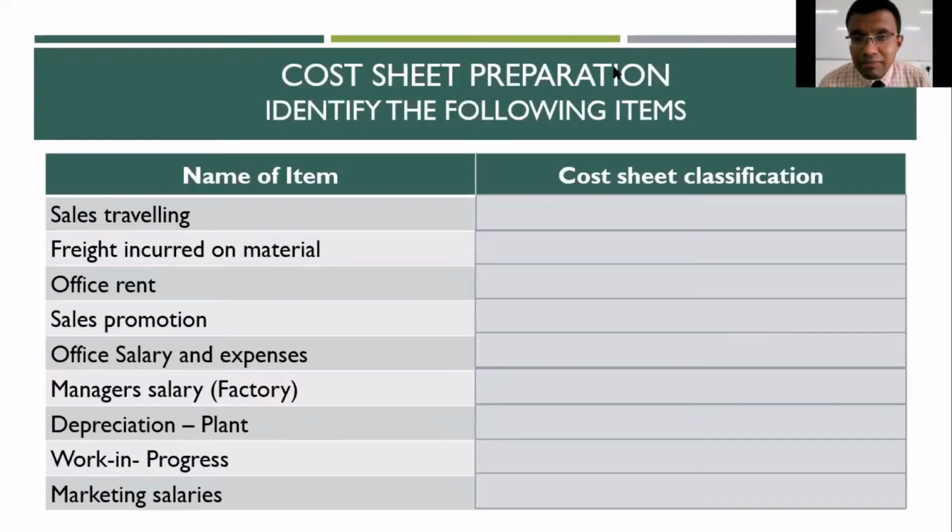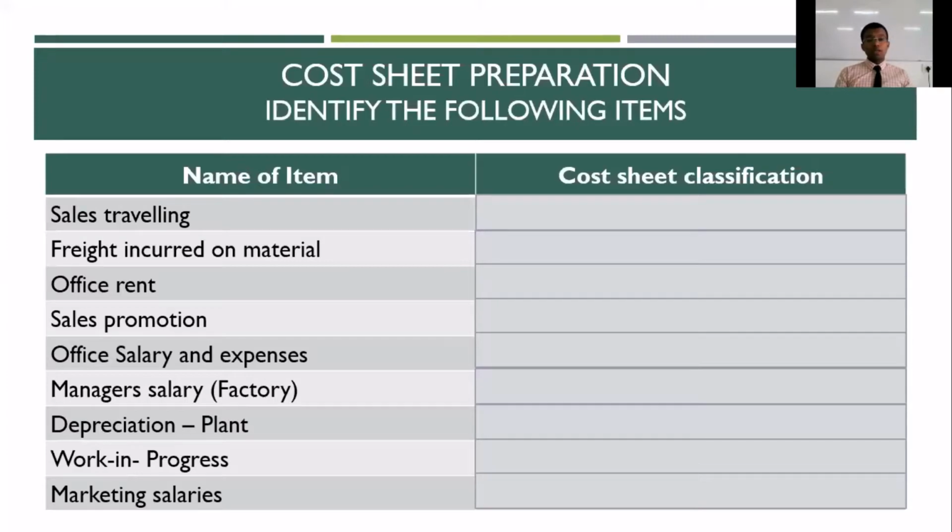To save on time, I would now be carrying out the discussions with you. The first one is sales traveling. Remember, sales traveling refers to the cost incurred by the people who carry out your sales. They may be having some kind of commutation, and you may have to reimburse their commutation expenses.